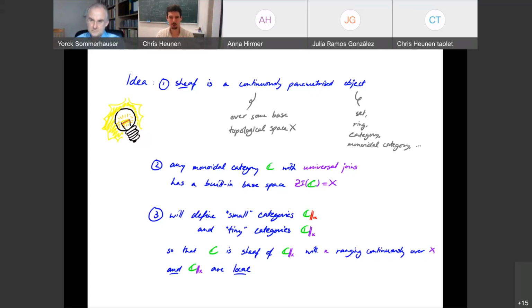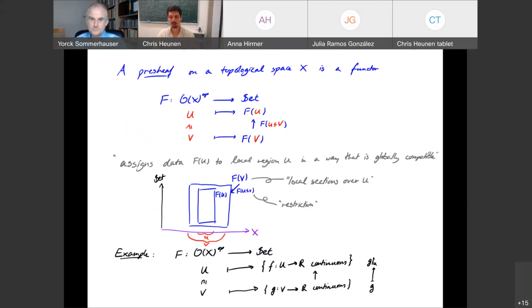But first, I'll have to talk a bit about point one, about what is a sheaf in the first place. And to talk about what is a sheaf, I first have to talk about what is a pre-sheaf, because mathematicians have this great habit of, they want to talk about something, and then they first talk about hemi, demi, semi, pre things. And eventually you peel away all the stuff that doesn't matter.